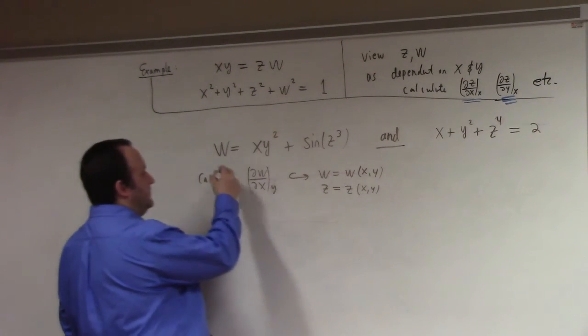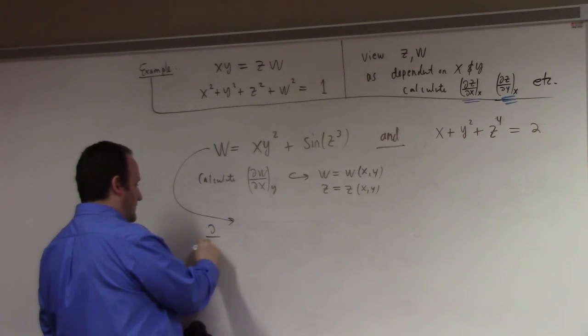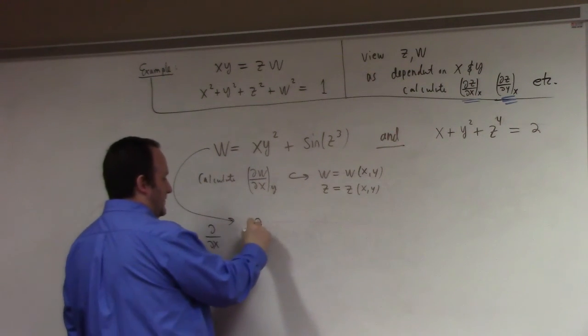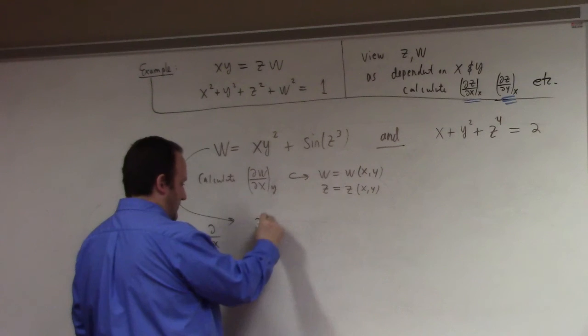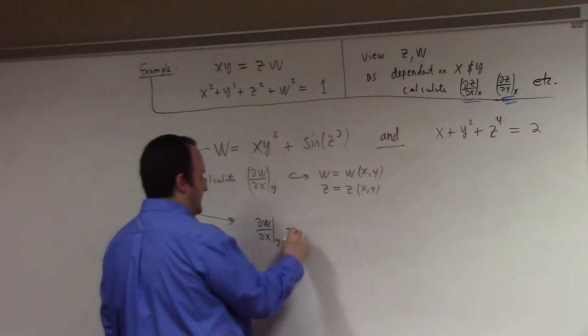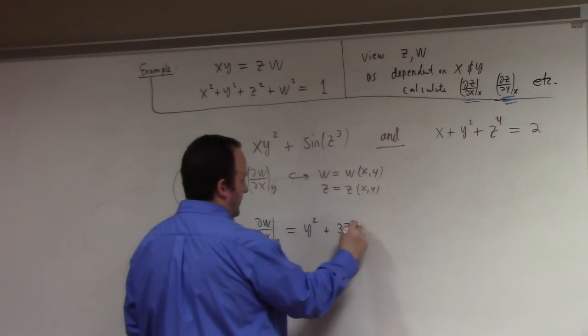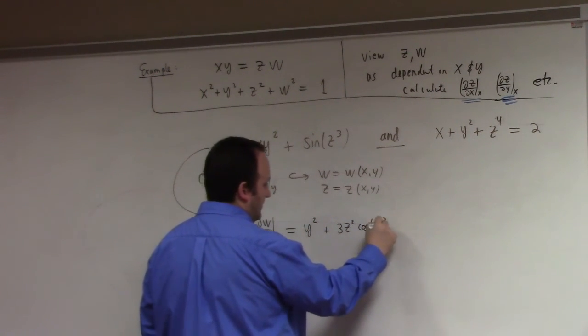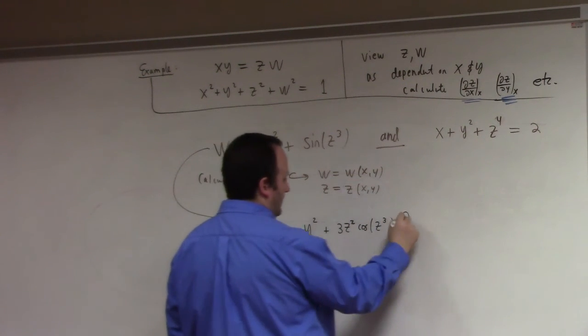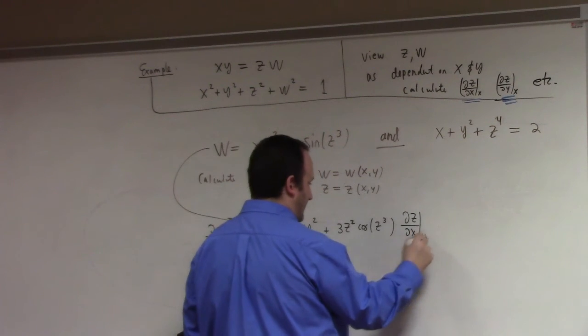So what I would do is I would take the first equation, I would differentiate with respect to x, right? So I get partial w, partial x, holding y fixed. And that would be equal to what? Well, that would be equal to y² plus 3z² cosine of z³ partial z partial x, holding y fixed.